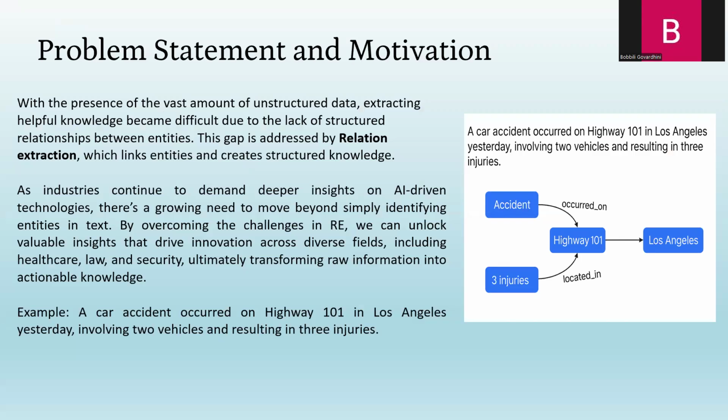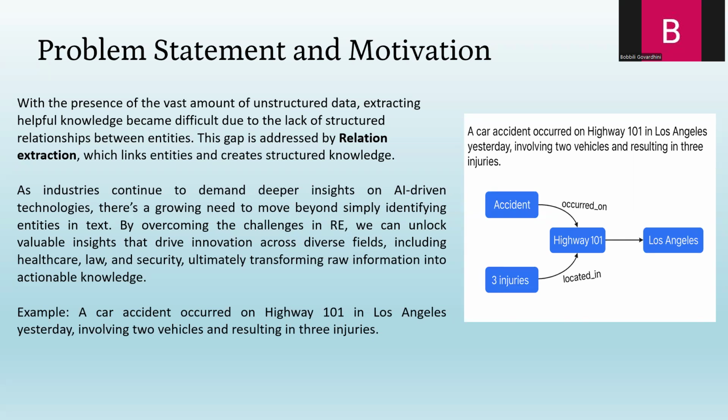In general, on a daily basis, we get huge amounts of information in the form of text, news articles, research papers, social media posts, and a lot more. But all of this information is so random and unstructured, which makes it difficult and time consuming to analyze and understand the main content from it.